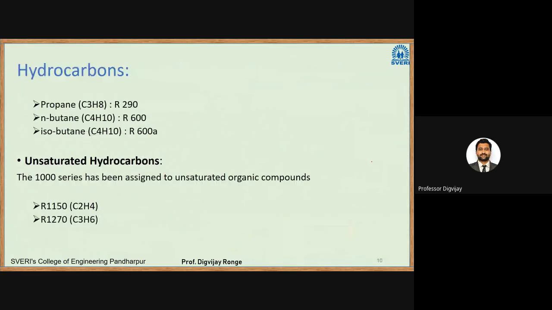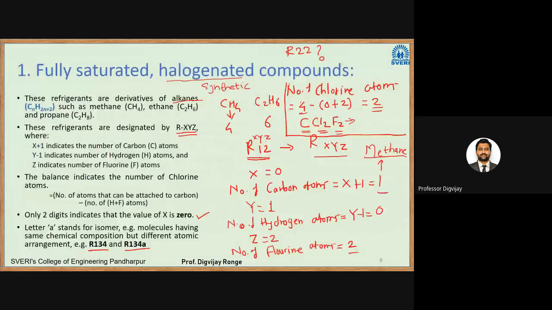Hydrocarbons, as you know, contain carbon and hydrogen bonds. For example, here they have given propane, that is C3H8. Its refrigerant name is R290. Then we have n-butane, that is R600. Then there is isobutane, that is R600A. I have also specified this in one PPT.